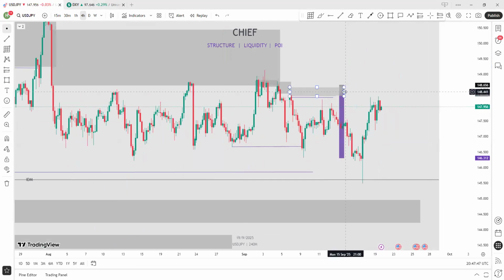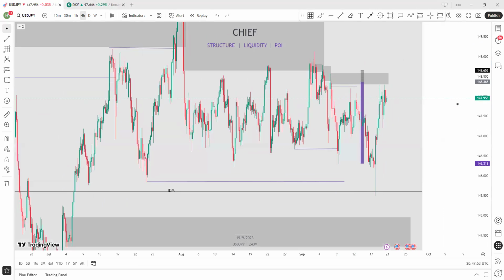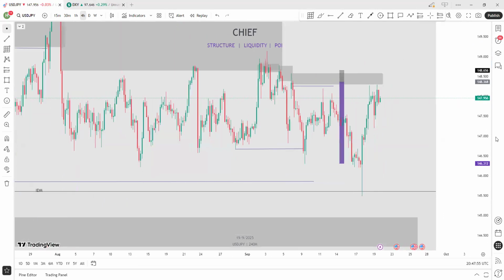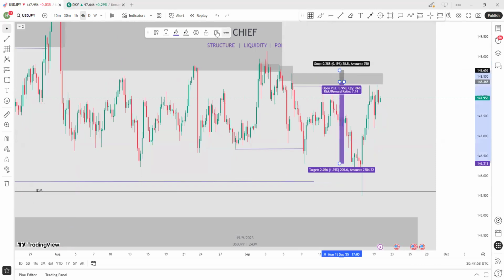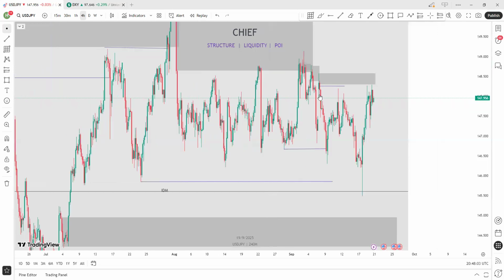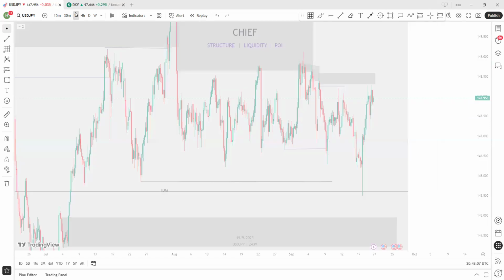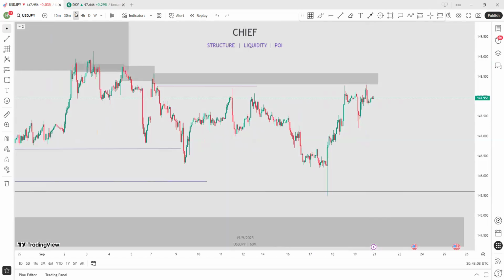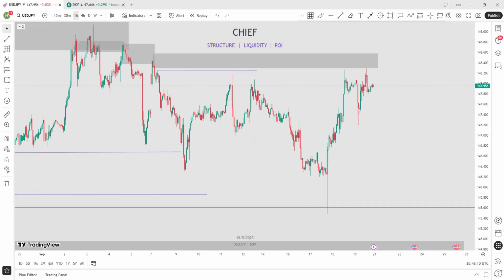I had a setup here, and it is yet to even be mitigated. All right. So with the currency correlation, this is actually the POI I have here. I think I had this setup on 1 hour. Yeah. So this is the POI I have here.